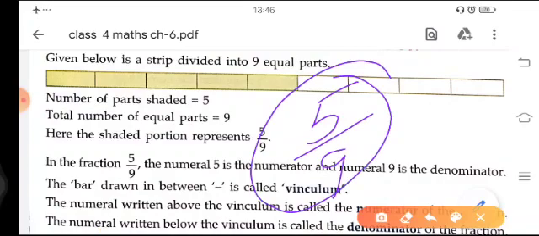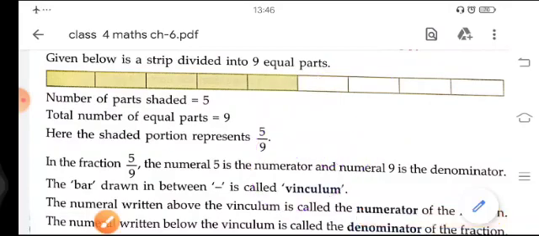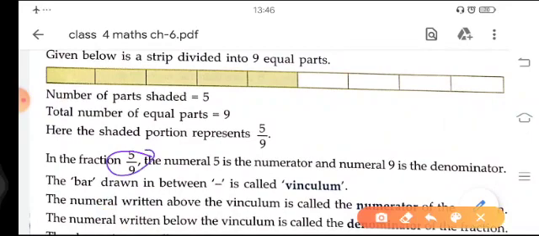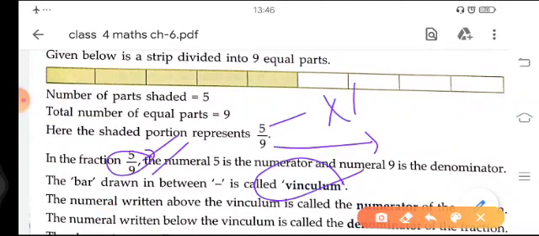So they are known as fractions. Okay, if you see this fraction, here a bar is given. This line is known as a bar. In mathematical terms, that is known as a vinculum. Okay, this vinculum divides the fraction into two parts. The upper part is known as the numerator and the bottom part is known as the denominator, right?